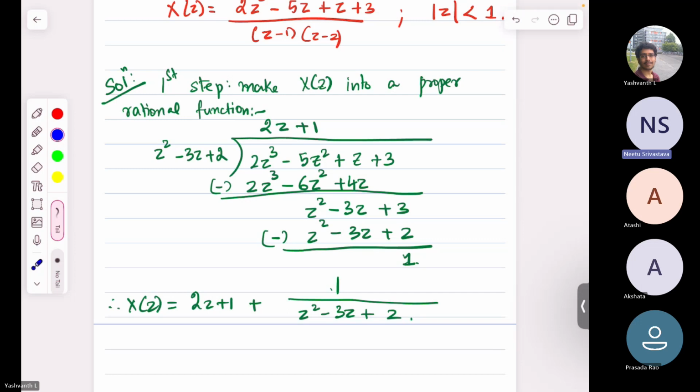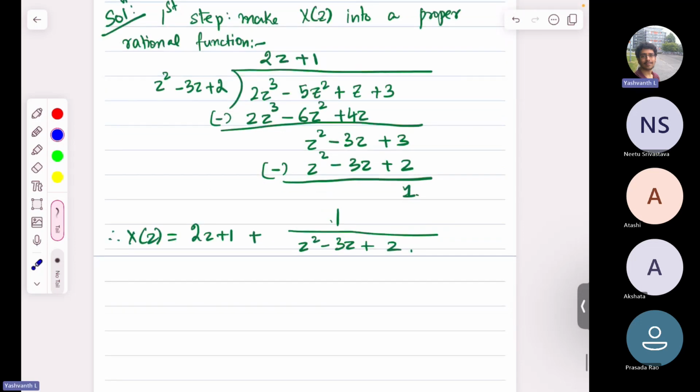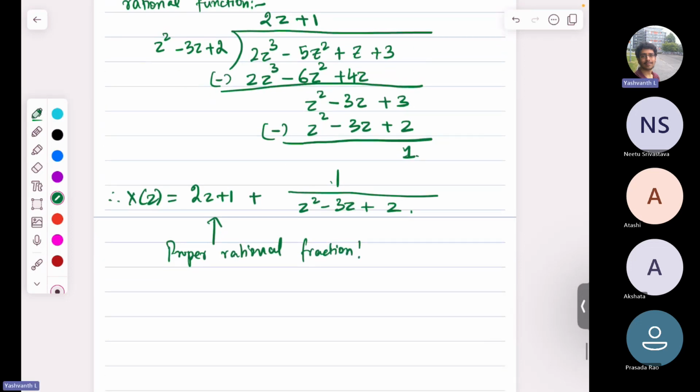Yes, sir, clear. Okay, thanks. So now this is a proper rational fraction. This is the same as saying 2z plus 1 plus 1 by z minus 1 into z minus 2.